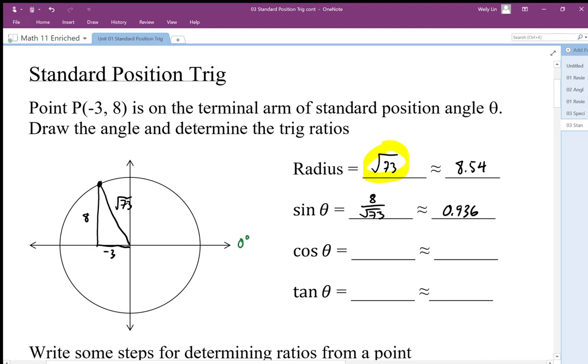So the cosine, we want to use exact values. Cosine goes with x, so it's going to be -3, not 3, because remember we're dealing with positioning. The position is going to be -3, or 3 to the left, 8 up. -3 over root 73, and if we want to work out the approximate decimal for that, we go -3 divided by root 73, and we get about -0.351.